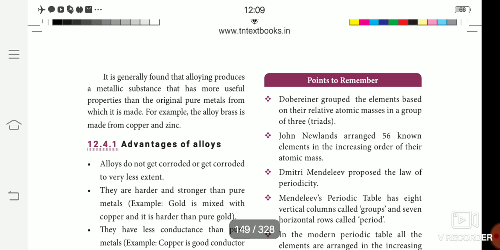Then what is an alloy, and the advantages of alloys.